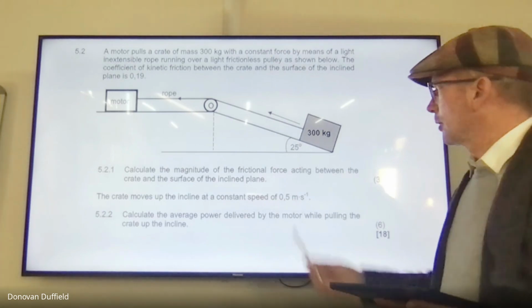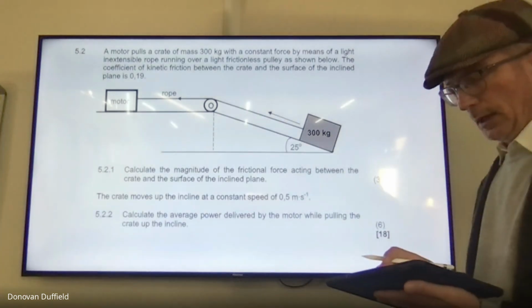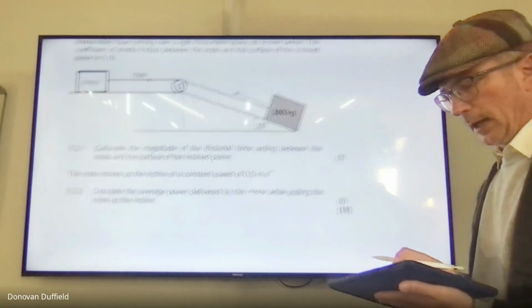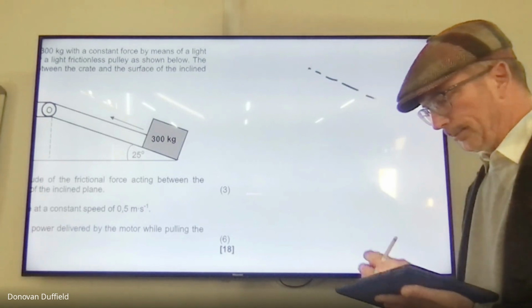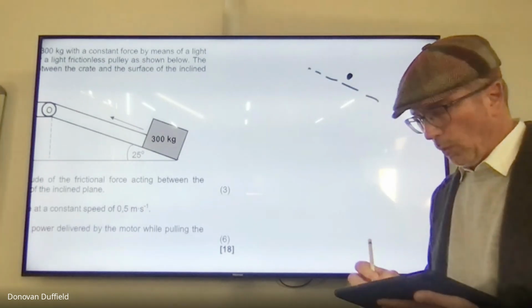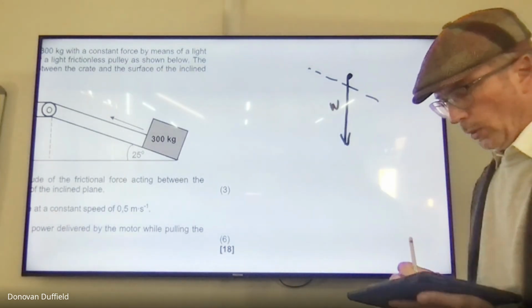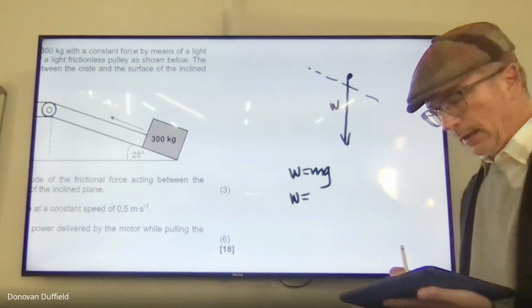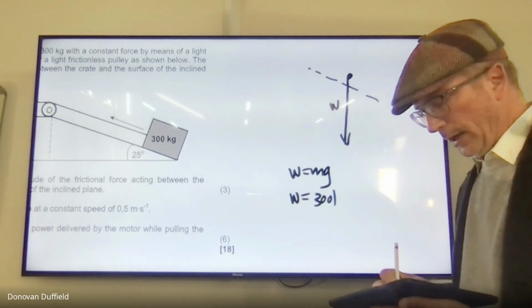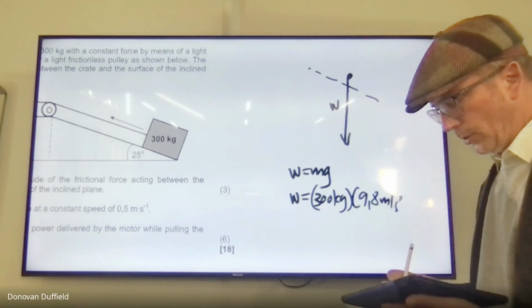All right, so we've got a 25-degree angle and 300 kilograms. So if we look at that, I'm going to go to the right here. I'm going to draw a free body diagram. We're going to have the weight of the crate. There it is, W. The weight is going to be mass times gravity, which is going to give us 300 kilograms times 9.8 meters per second squared.